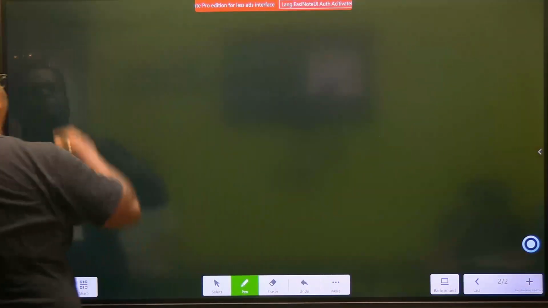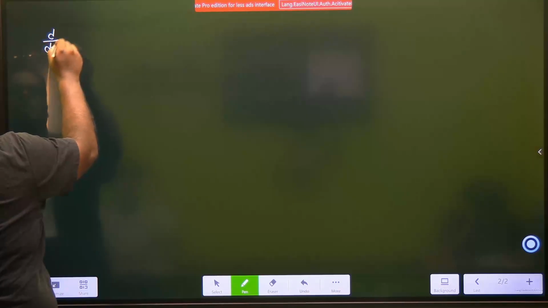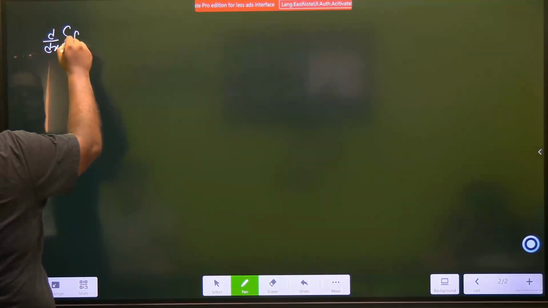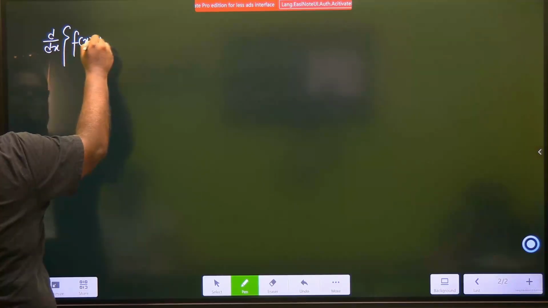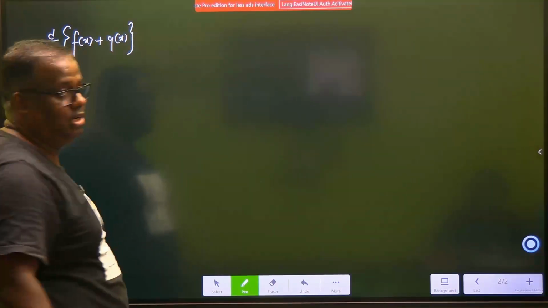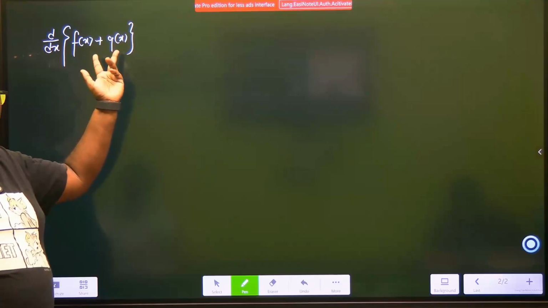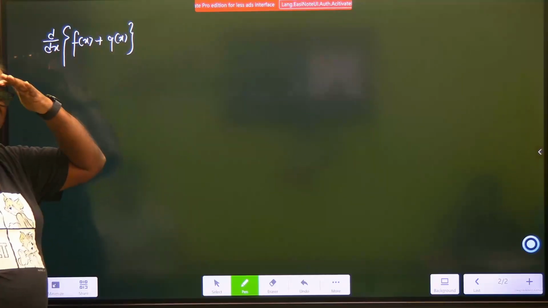Some rules. Children, if they tell you that the problem is of this type, d/dx of a function f(x) and there is another function g(x), suppose they have given you one function and another function, both can be algebraic, or one can be algebraic, one can be logarithmic, whatever.